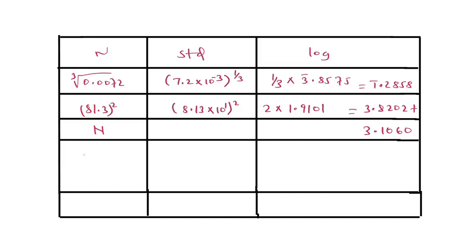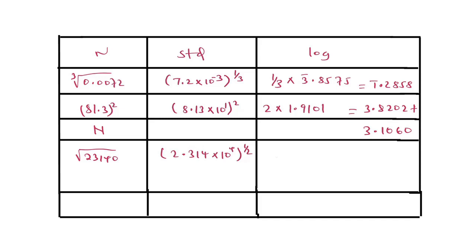Okay, so our next number is the square root of 23,140. Writing this in standard form, we are going to have 2.314 times 10 power 4, all to the power of a half. Okay, so for this one, reading 2.314 from the table and 4 from 10 power 4, we are going to have 4.3644.